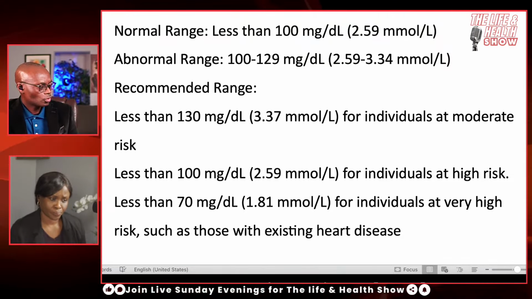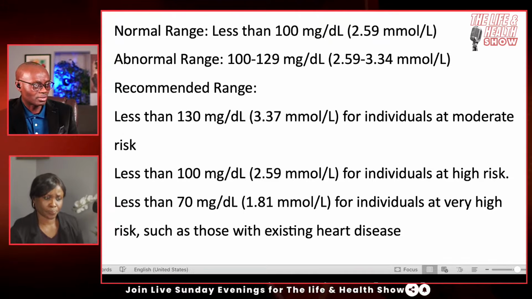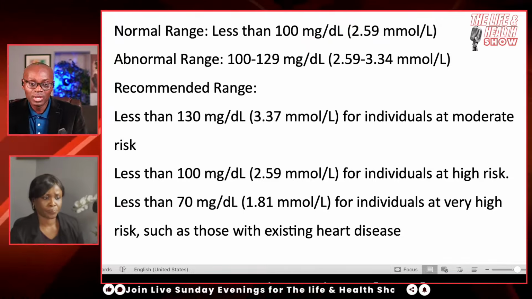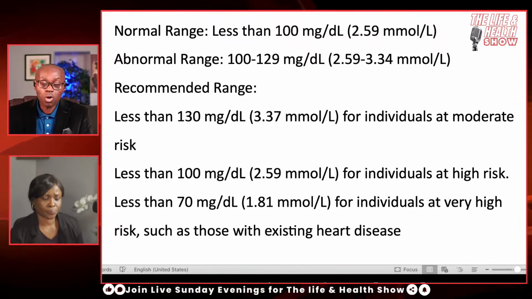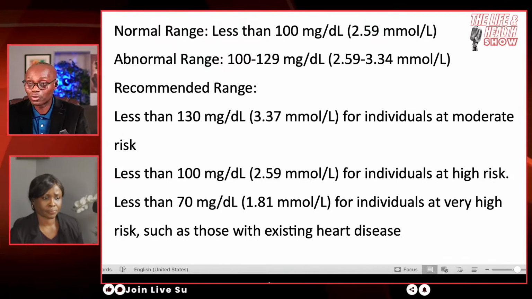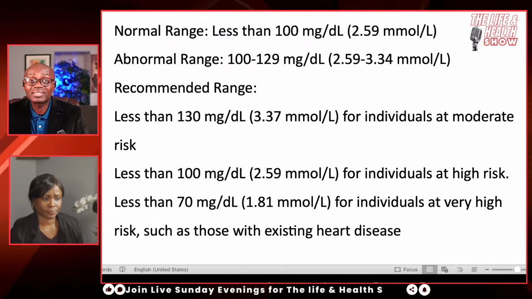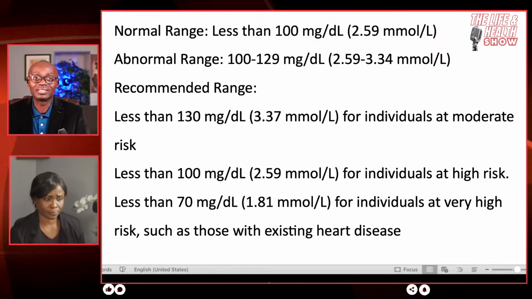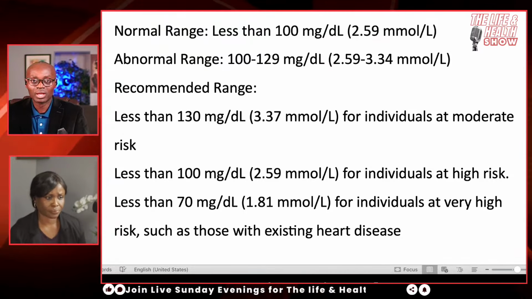Now, since we mentioned that, let's throw in the heart disease risk factors right now so that we'll get it out of the way. We know that if you're a smoker, you are at a higher risk for cardiovascular events, or heart attacks or strokes. It's not me, it's scientific, it's proven.